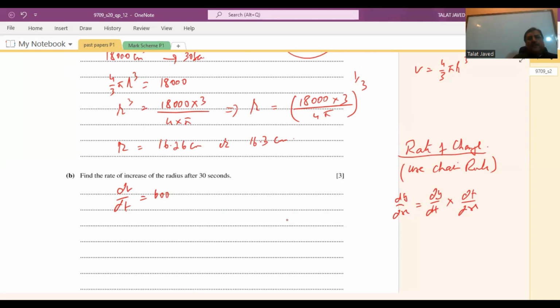The rate of volume is 600 centimeter cube per second, and we have found its radius is 16.26 centimeters after 30 seconds. So now we will use this formula: dV over dr is equal to dV over dt multiplied by dt over dr. This is the chain rule involving volume and radius.